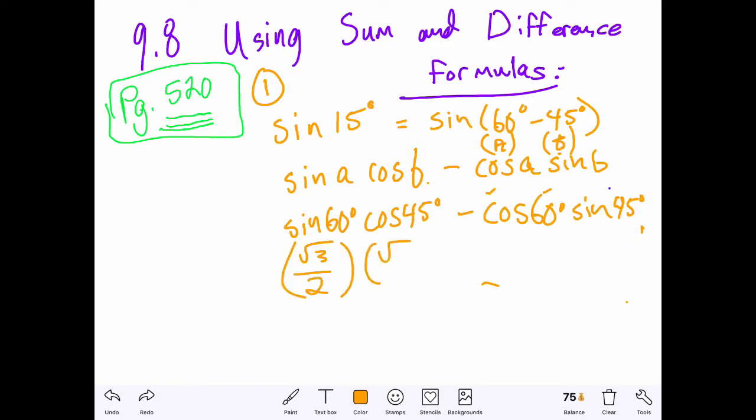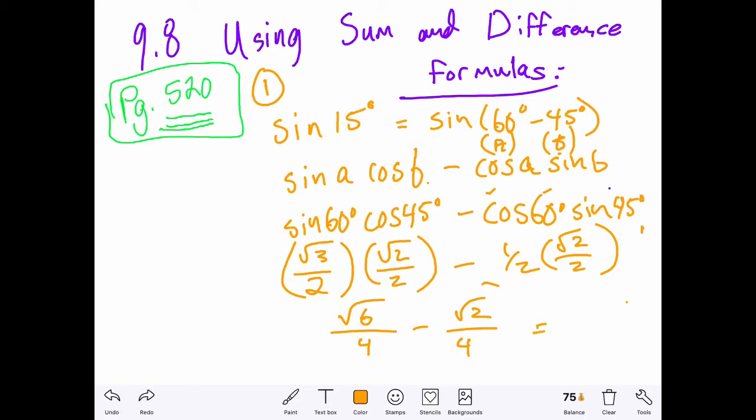Cosine 45 is root 2 over 2. Then the cosine of 60 degrees would be 1/2, and the sine of 45 is root 2 over 2. Which is essentially root 6 over 4 minus root 2 over 4, which we can combine to root 6 minus root 2 over 4 since they share a common denominator.